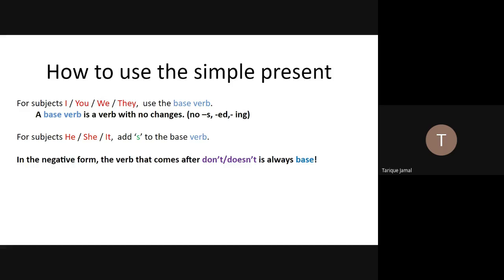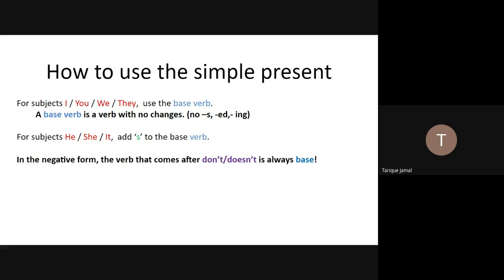In the negative form, the verb that comes after don't or doesn't is always base, all right? So if we are using it in negative, remember we use don't for I, we, you, and doesn't we use for he, she, it, right?